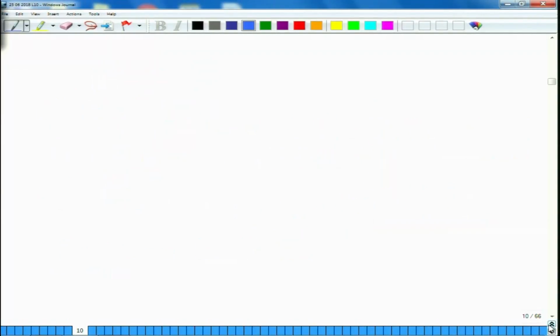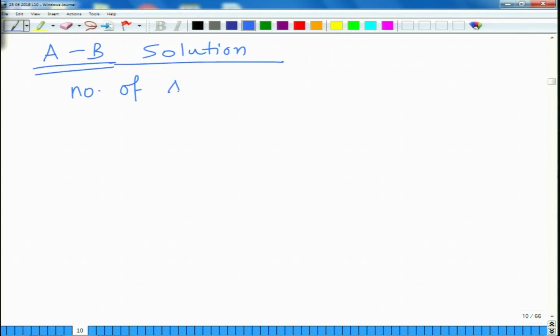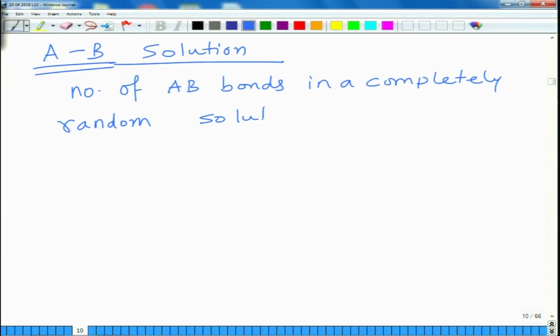So, depending upon that, now you go back to the generalized AB solid solution, and let us say the number of AB bonds in a completely random solution would be PAB, and this is nothing but Na, Z, Xa, Xb.